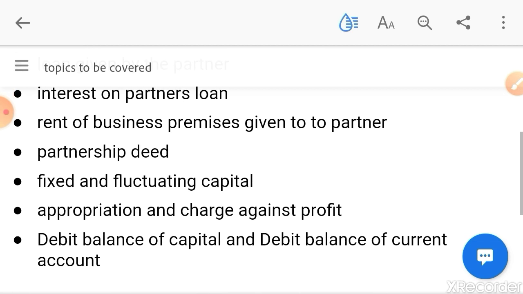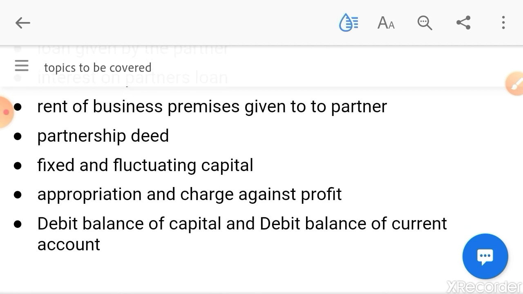Now, appropriation and charge against profit. See, charge against profit means we have to pay the expense even if there is loss. Is this clear? So any interest on external debt is a charge against profit, whereas interest to be paid on the partner's capital is an appropriation of profit.